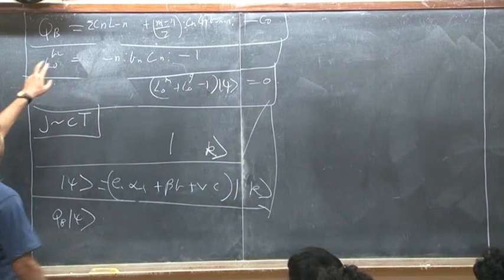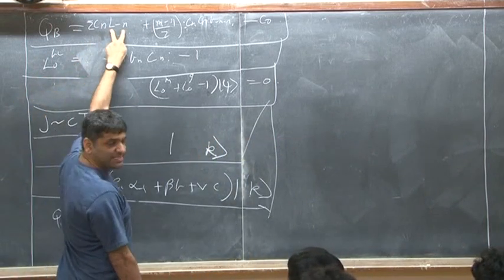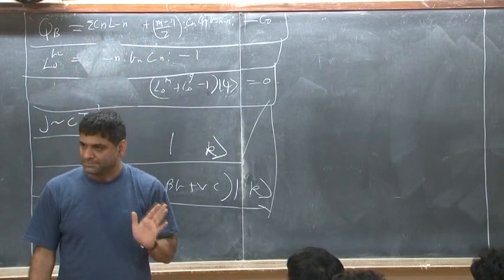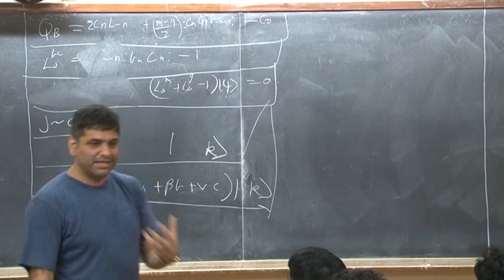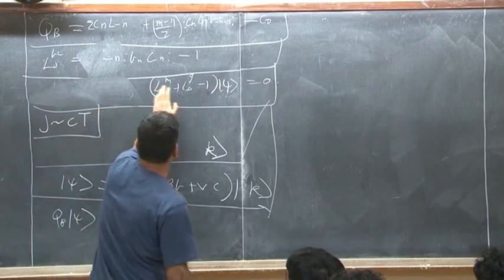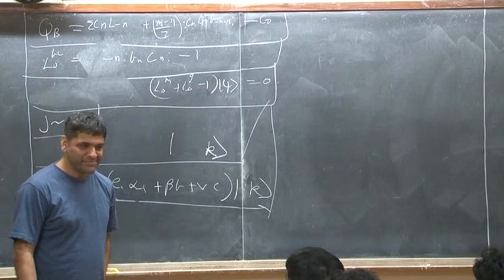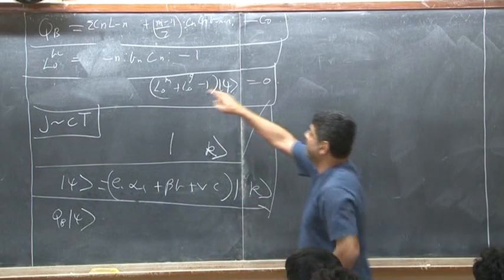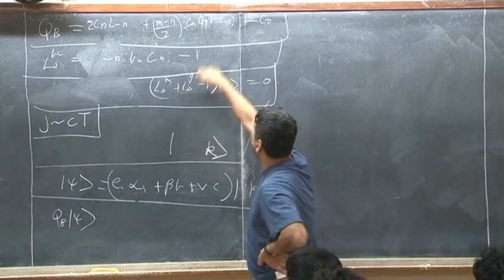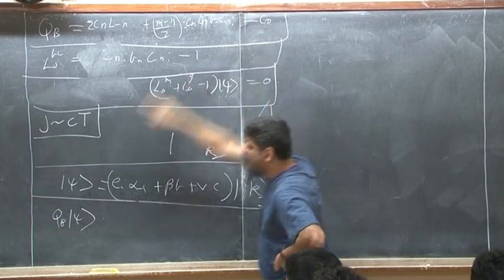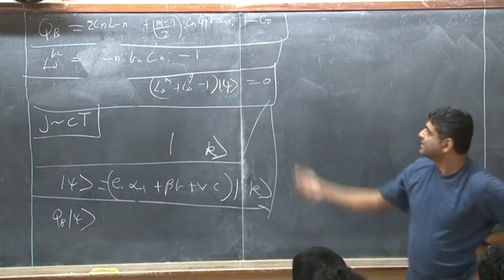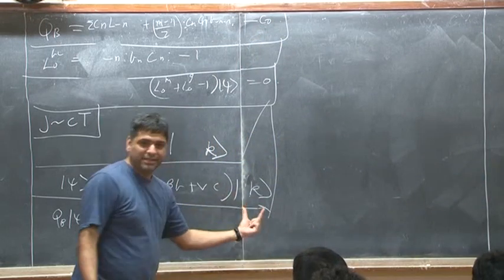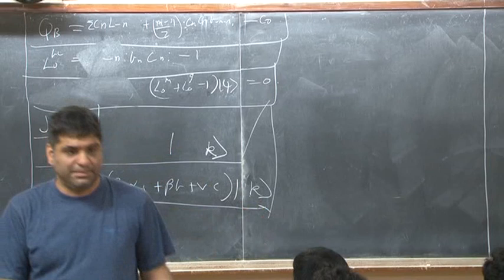So what will it give you? It will give you L0 acting on the state, which is some number acting on the state. The state has a particular number from the Virasoro condition. And there is another object here, which is C0 acting on the same state. The C0 just goes through, and the vacuum state that we started with, this K, was annihilated by B0, not annihilated by C0.